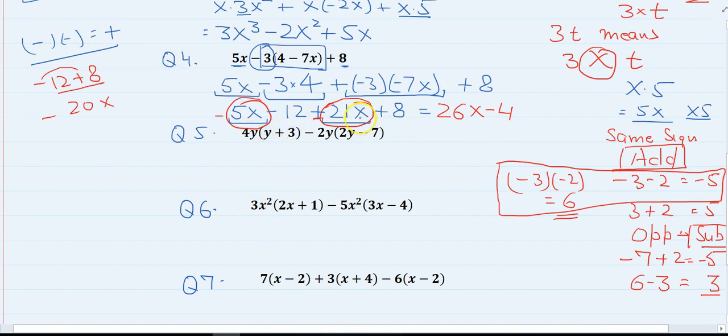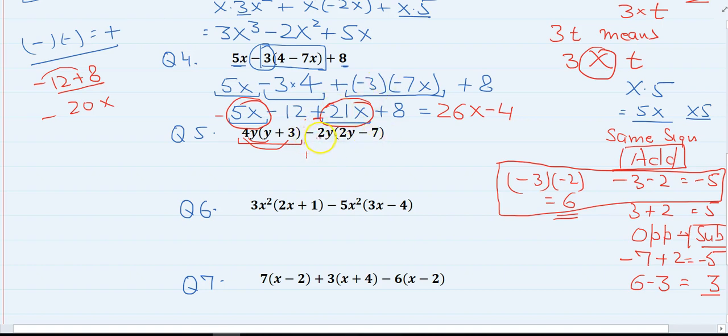Now let's move to another question. 4y, y plus 3. Now it is having two brackets separately. So first we are going to solve this one. This 4y is going to multiply here. You are not supposed to multiply this 4y with this 2y because the bracket ends just here.